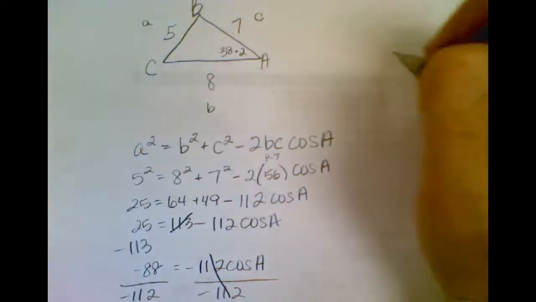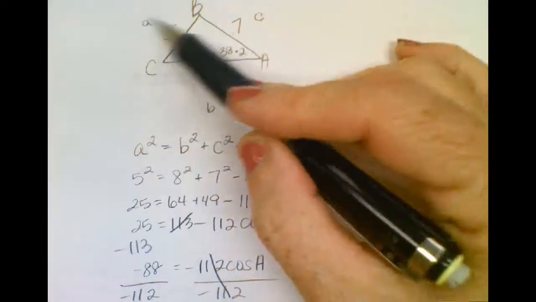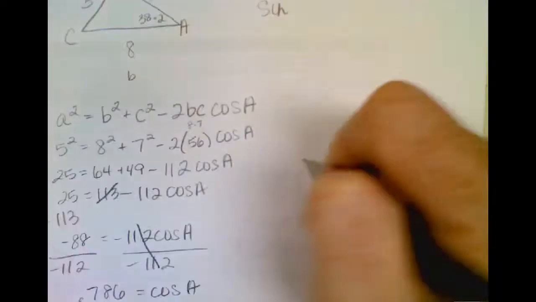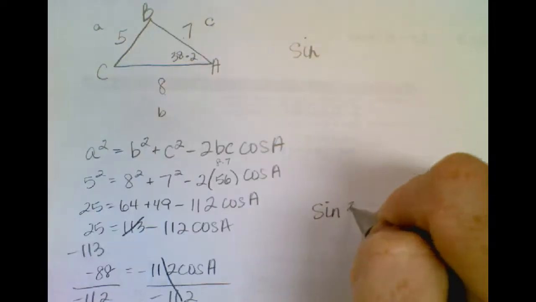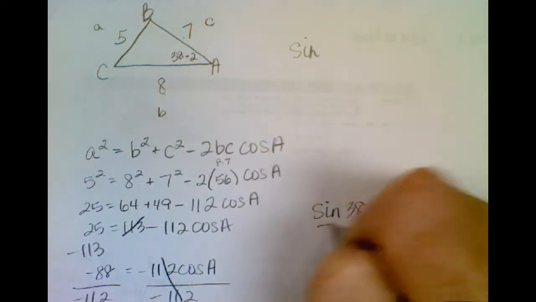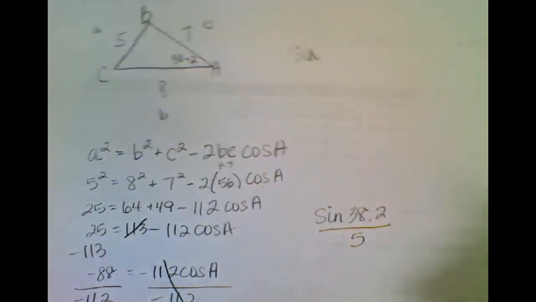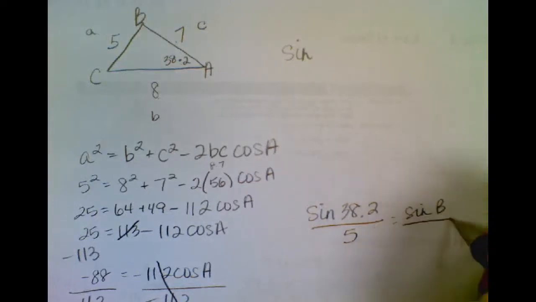Now you can use your law of sines. So now that you've got a pair, now you've got A as your control pair. So you've got the sine of 38.2 over the length of A, which is 5. And now let's solve for, let's say, B. Sine of B over our length for B is 8.